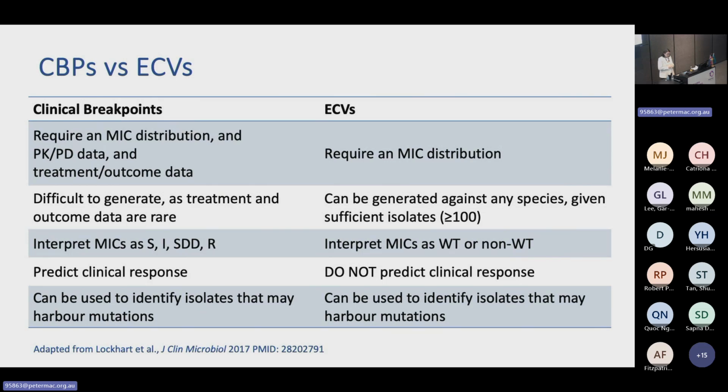Breakpoints allow us to interpret MICs as susceptible, intermediate, resistant, and so on, and predict clinical response, while ECVs allow us to interpret MICs as wild-type or non-wild-type, and they do not predict clinical response. But both can be used to identify isolates that may be harboring resistance mutations.